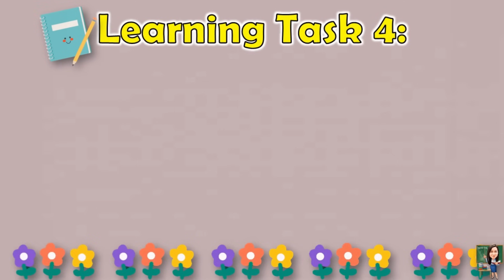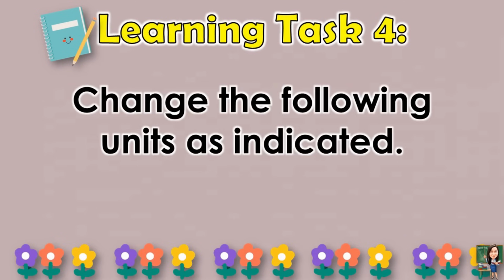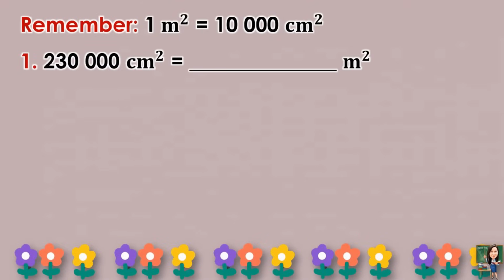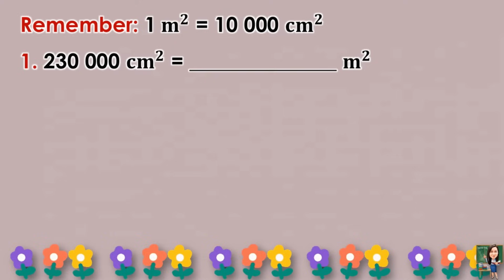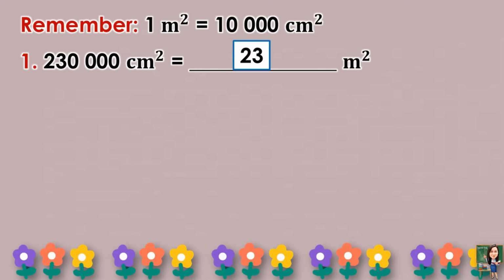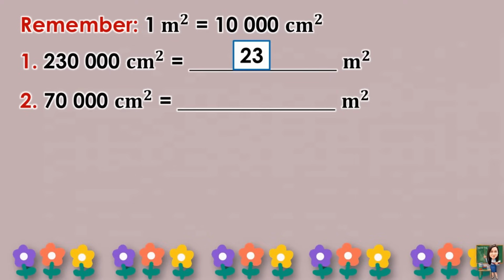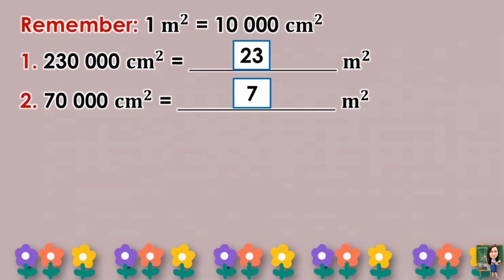Next activity, learning task 4. Change the following units as indicated. Number 1, 230,000 square centimeters is equivalent to 23 square meters. Number 2, 70,000 square centimeters is equivalent to 7 square meters.